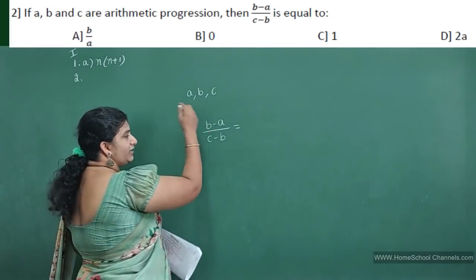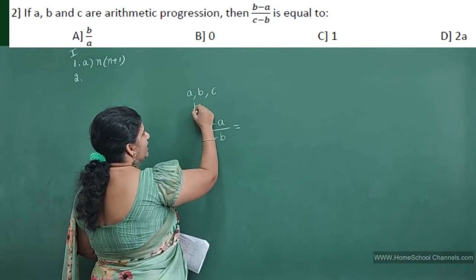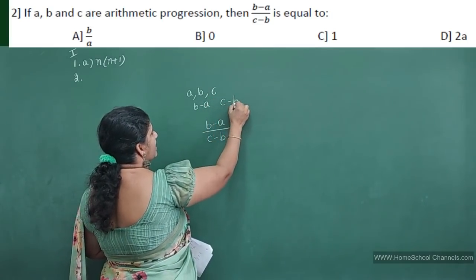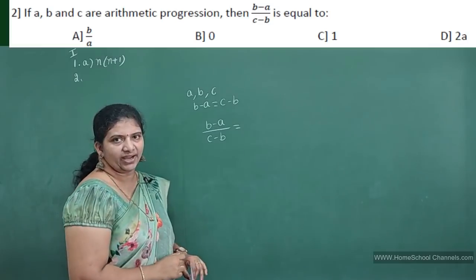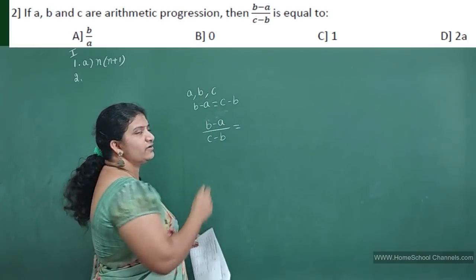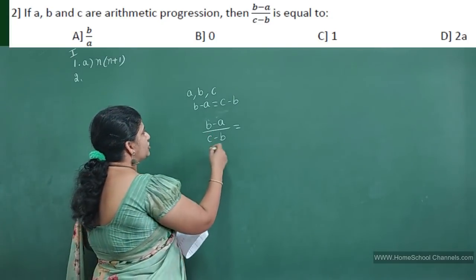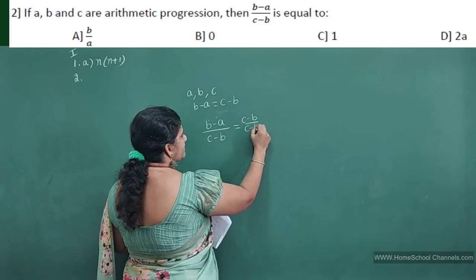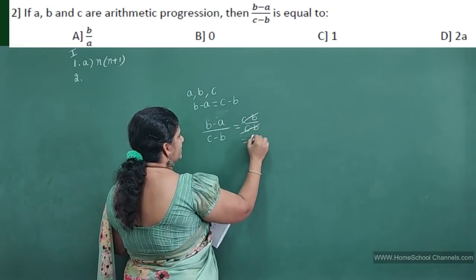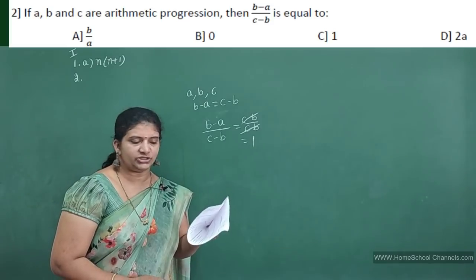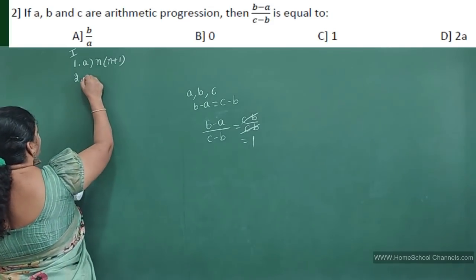How do you calculate common difference? B minus a, and here c minus b. Both will be equal, right? We know common difference is constant. B minus a is equal to c minus b. Substitute in this: instead of b minus a, substitute c minus b. C minus b cancels and you are left with 1. Therefore, your answer is 1. Option C, 1.